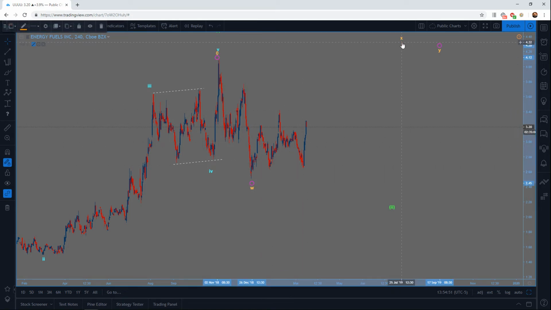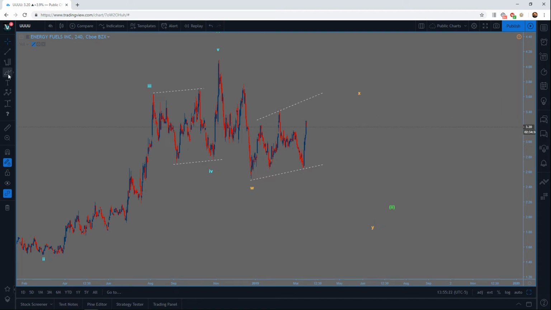I initially thought, hey, this is X, so we're going down in Y. But now I realize better. That was too fast for X. So what I believe is happening here is a 3, 3, 3, 5 flat. Kind of like that. Once you start seeing these flats, guys, you can't unsee them.